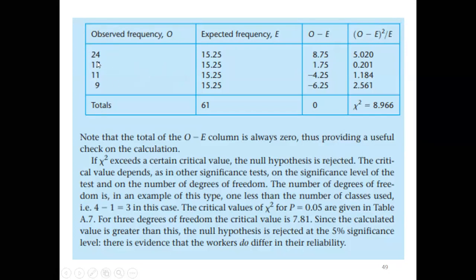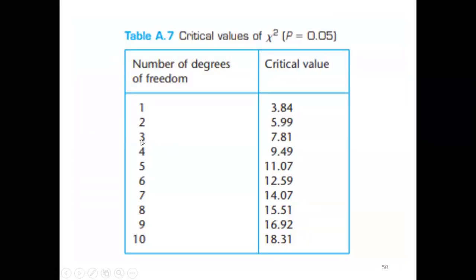There are 4 different labs, so n becomes 4. Then the number of degrees of freedom will be n minus 1, that means 3. So for 3, the critical value is 7.81. That is the critical value for 3 degrees of freedom: 7.81.